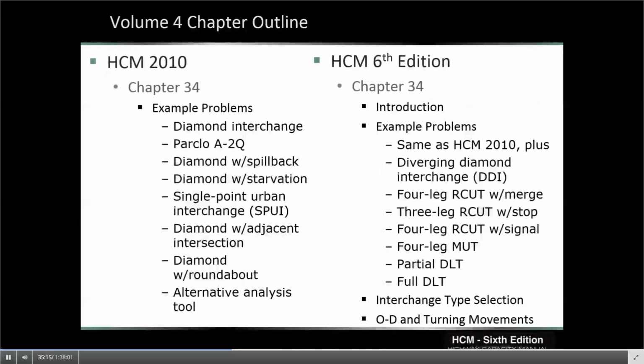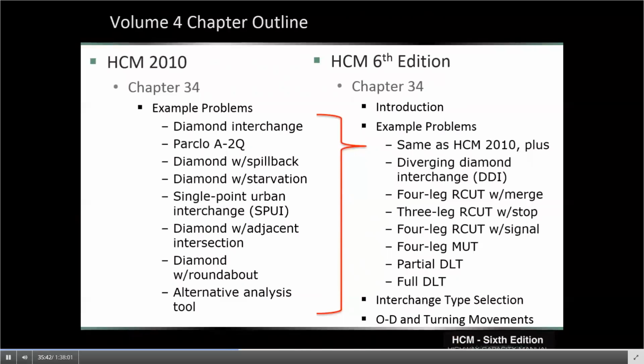There's also a supplemental chapter in the HCM 6th edition, Chapter 34. This is an electronic-only chapter that's available in Volume 4 at hcmvolume4.org. It contains a number of example problems that were available in the HCM 2010, talking about regular interchanges, diamonds, parclos and SPUIs, and roundabout interchanges.